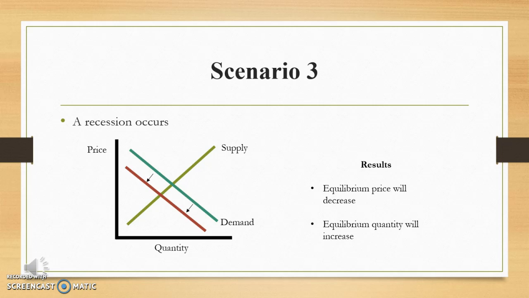There's lots of ways that during a recession they can make their oil consumption less. This is going to take our equilibrium quantity and actually increase it because there's not as many people buying the oil at this point in time. So what this is going to do to our demand curve is it is actually going to make it shift to the left because of the equilibrium price decreasing and that equilibrium quantity going up.